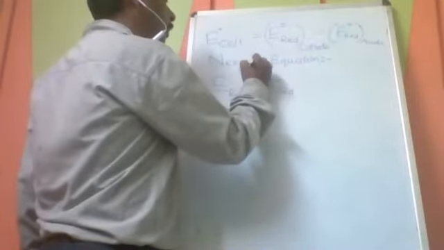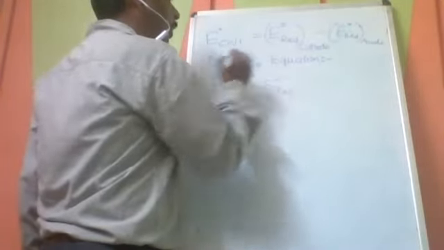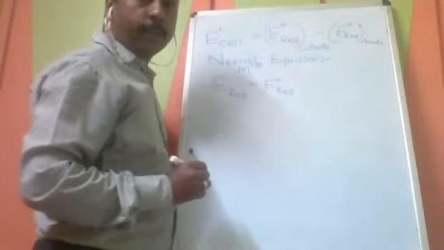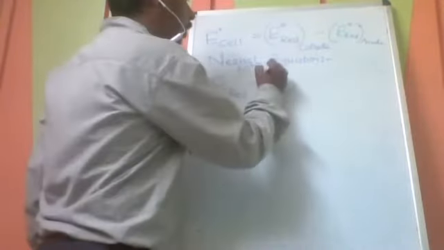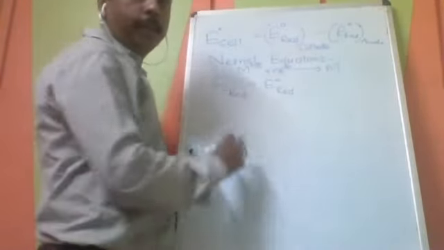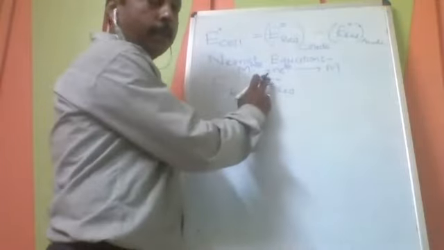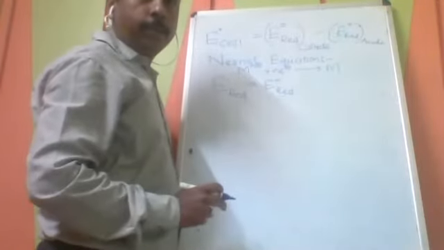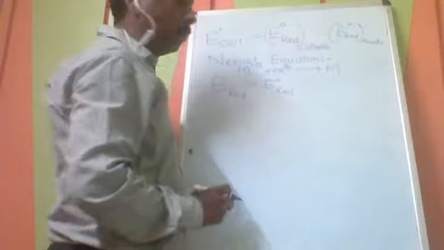For example, I am considering a metal ion Mn plus, which accepts n moles of electrons to form metal M. Here it is a reduction because it is accepting electrons.